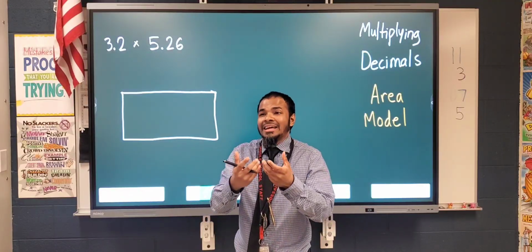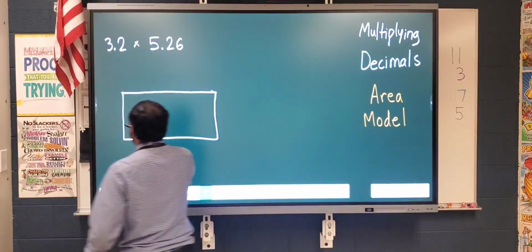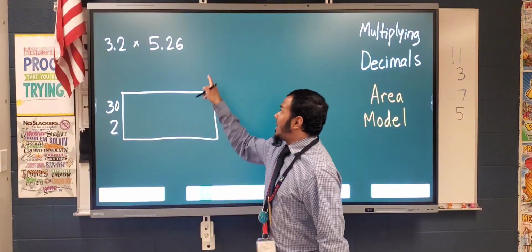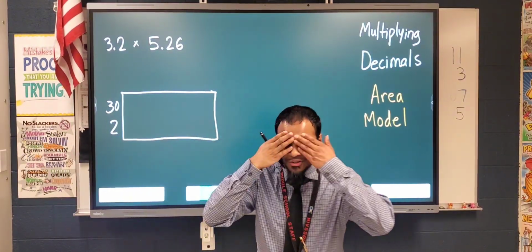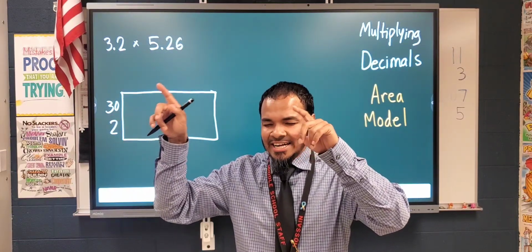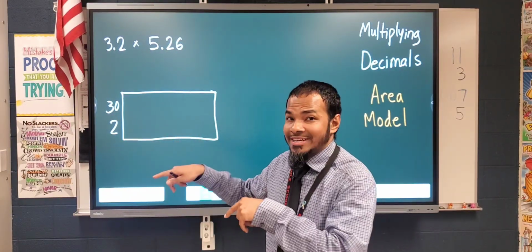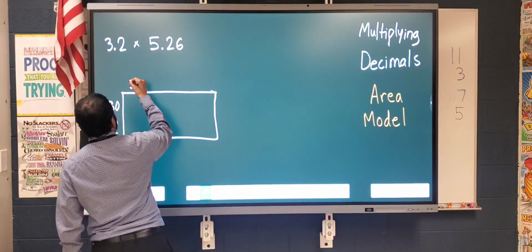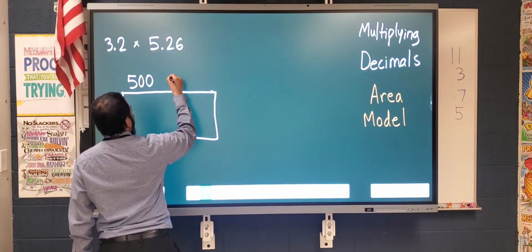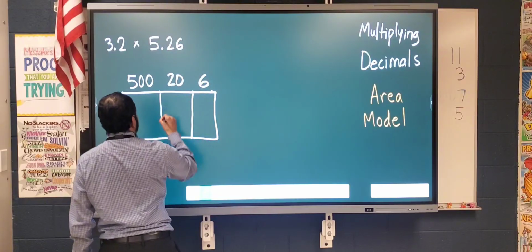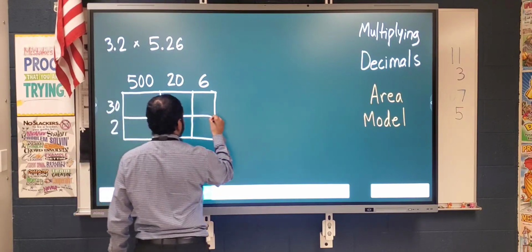If I write it in expanded form, it becomes 30 plus 2. And if I write 5.26, ignore the decimal. It's not 5.26, it's actually 526. Again, write that in expanded form: 500 plus 20 plus 6. And now I basically do my area model.